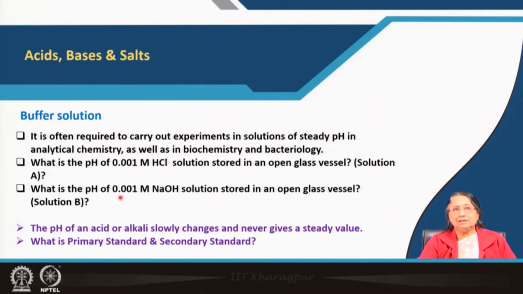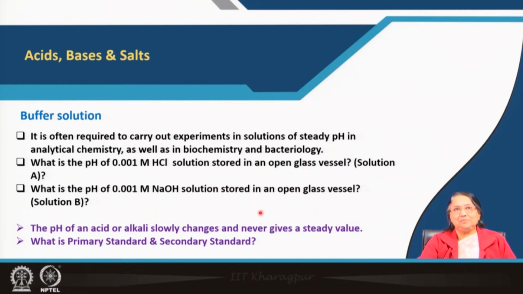So, pOH will be 3. That means pH is 14 minus 3, that is 11. But is that correct? Just direct calculation will give me the pH or it will be something else? That is the question. The pH of the acid or alkali slowly changes and never gives a steady value.